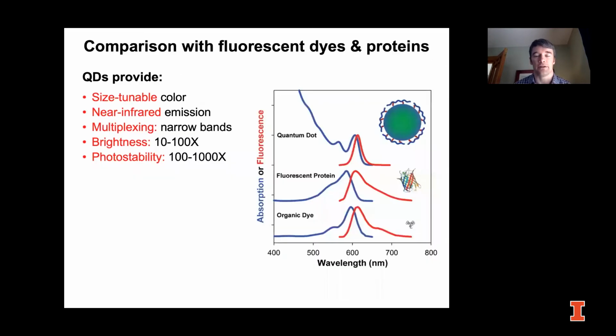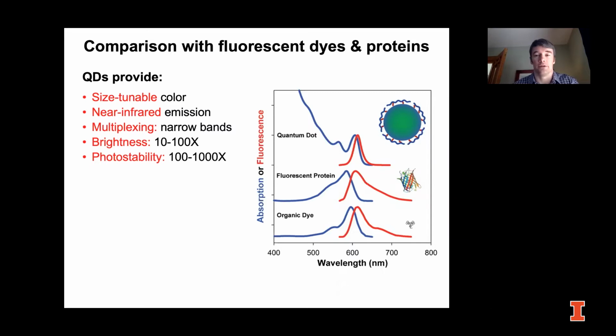So this has been very transformative for this application. Why are they so transformative? It's because of their photophysical properties. These are widely used in a variety of contexts because of this unique collection of properties for quantum dots compared with other materials. For instance, they have size tunable color.